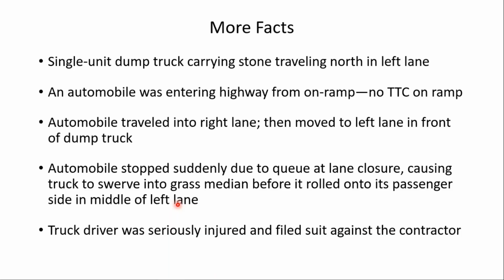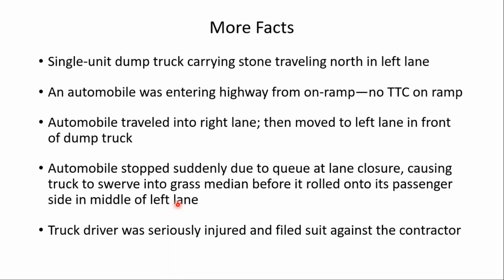As that automobile merged into the right lane, the driver apparently moved into the left lane in front of the dump truck. But then the automobile driver, who claimed he didn't know work was taking place or that there was a lane closure, stopped suddenly because of the line of traffic at the lane closure. When he stopped suddenly, that caused the truck driver to swerve into the grass median.